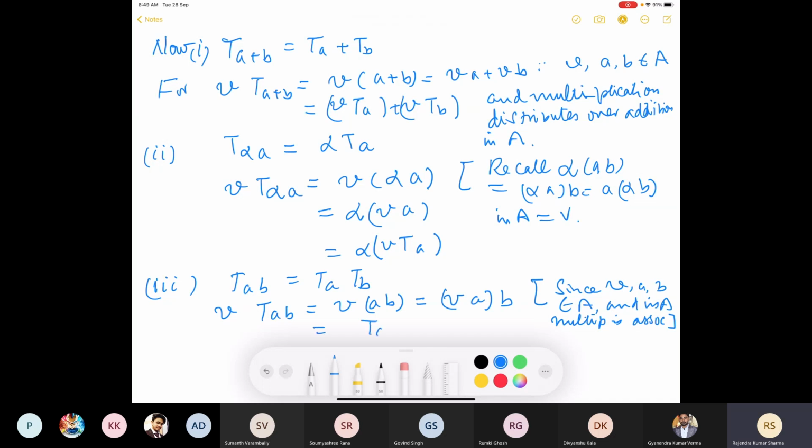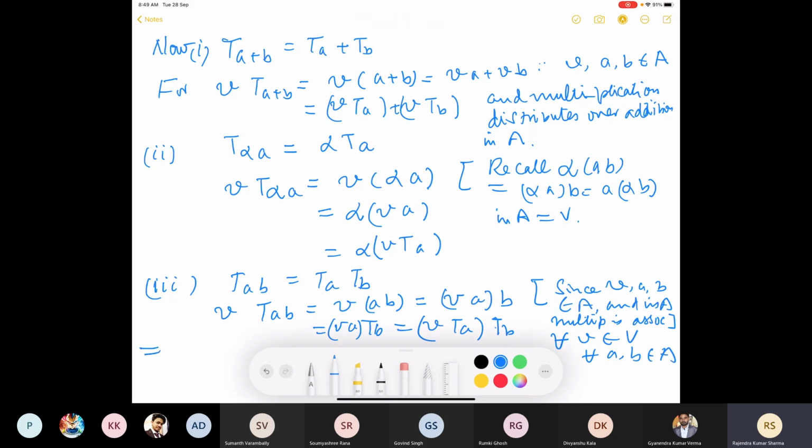So this is T_B multiplied on the right of vA, and vA is v under T_A, so this is v under T_A T_B. This happens for all v in V and for all A, B in 𝒜.